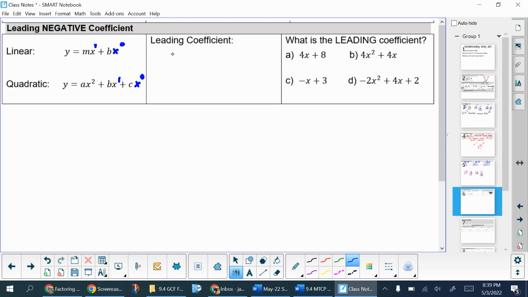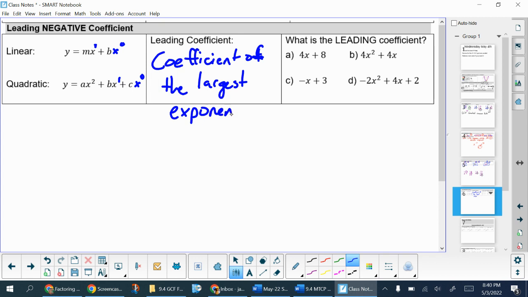And so the leading coefficient is just the coefficient, the number multiplied by the largest exponent term.